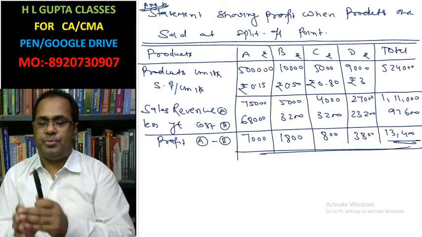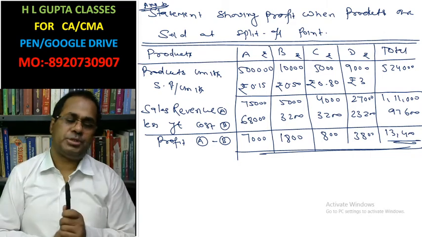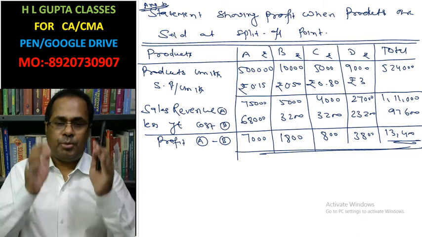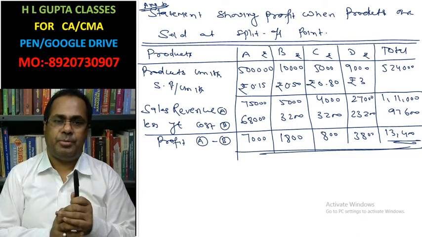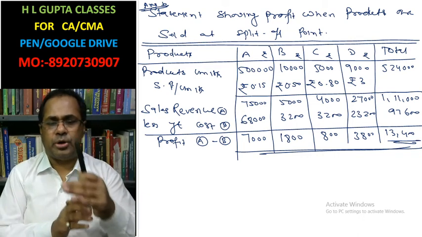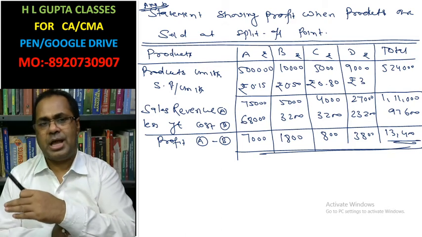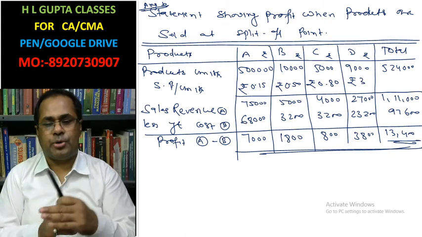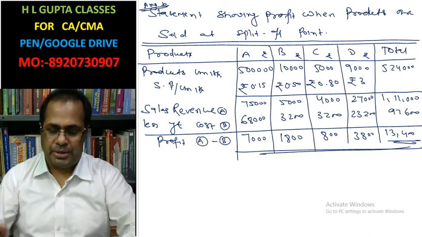Now the question is, which product should be further processed and which product should be sold at a split-off point? For this we have to compare profit when products are sold after further processing and profit when products are sold at a split-off point.